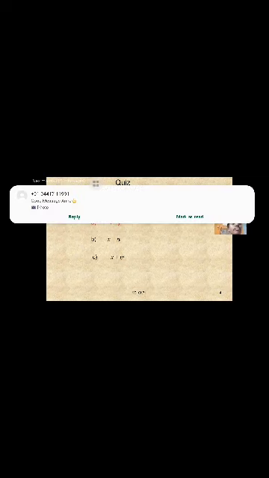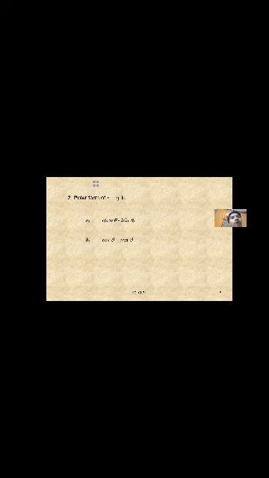Okay, next. So the answer here is A. And next, polar form of x plus iy is. Polar form and modulus amplitude form are the same. A, B, C, three options are given.